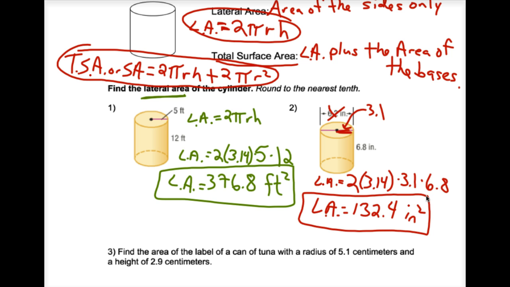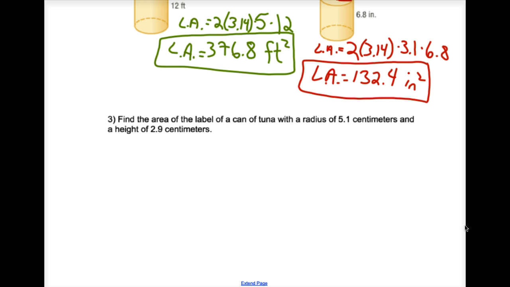All right. Now, I'll try to throw a little word problem at you guys. If you had a can of tuna or a can of something and just talked about the label, which part is the label of a can? The wrapping. Just the lateral area. You guys have seen cans of tuna, they're kind of short. We're just going to find the lateral area.